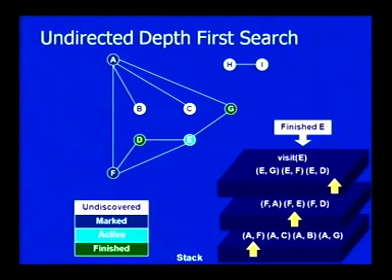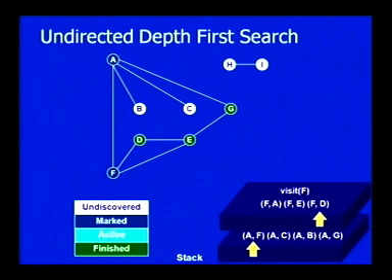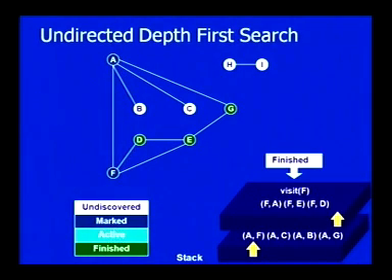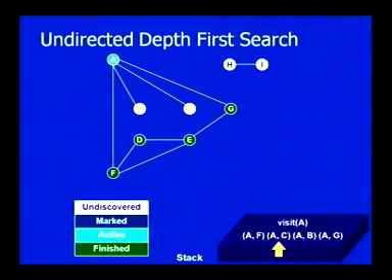E is finished now. Now you go to D, D is over. So you go to your earlier record. D is already marked, so this record is also over, and you pop this particular entry.